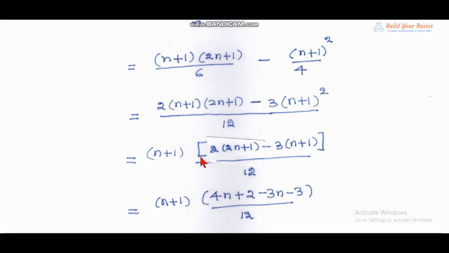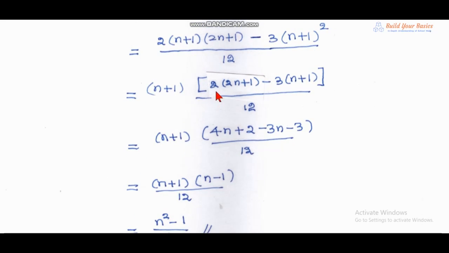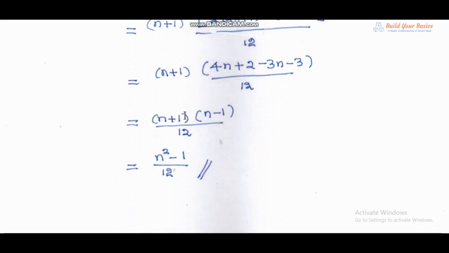So n plus 1 into 2 into 2n plus 1 minus 3 into n plus 1 divided by 12. That is n plus 1 into 4n plus 2 minus 3n minus 3 whole divided by 12. That is n plus 1 into n minus 1 whole divided by 12. That's equal to n squared minus 1 whole divided by 12.